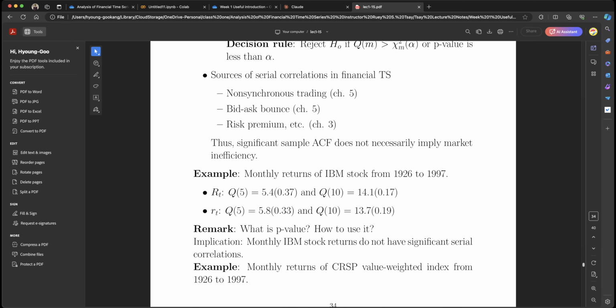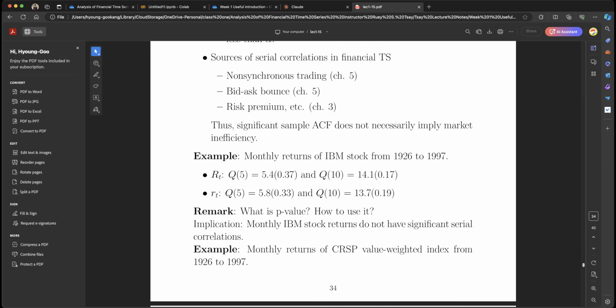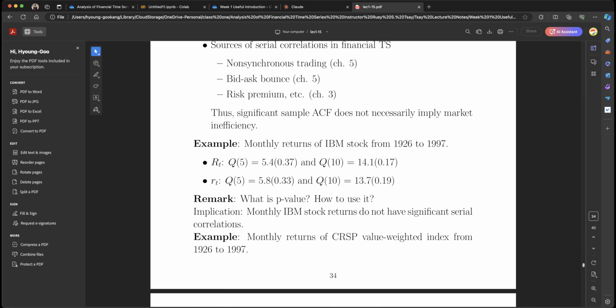Then the sample statistic is like this on 5, and this on 10, it becomes larger and larger. With the log return, we have this one. So what is the p-value, and how do we use it? The implication is that this is a large p-value, so monthly IBM stock return does not have a significant serial correlation, because this statistic is too small.